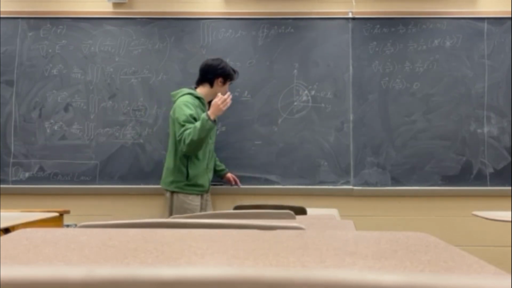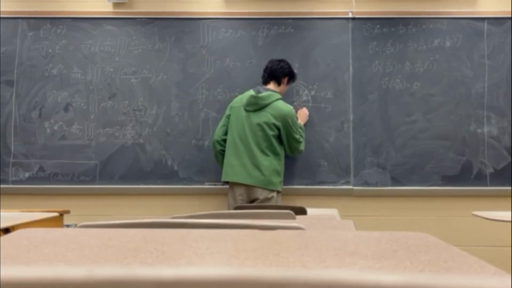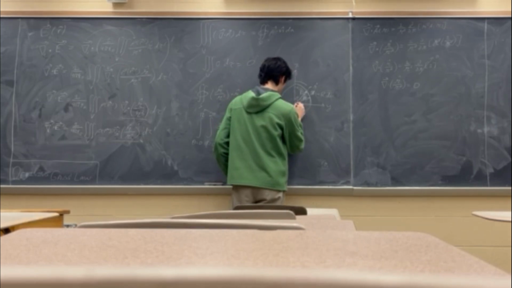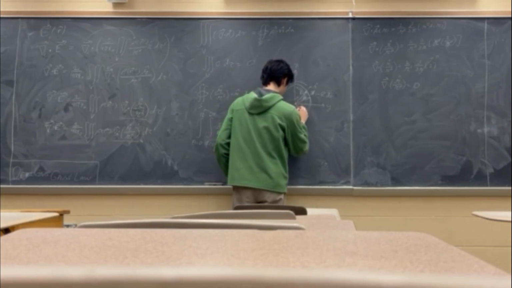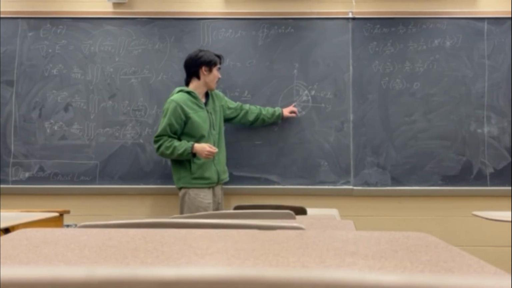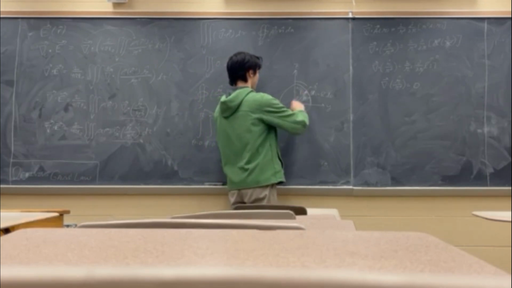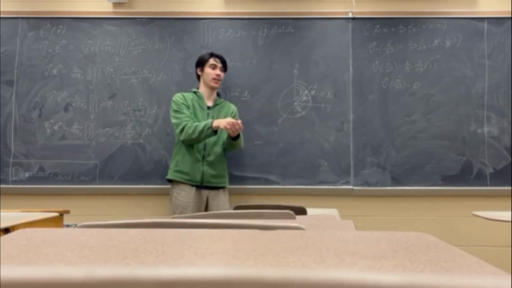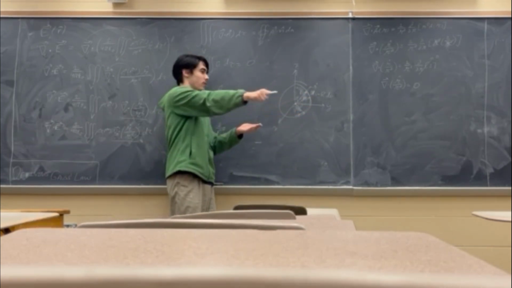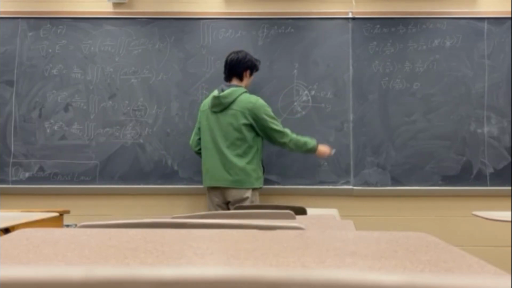And something similar happens for the phi component. Say this is d phi, but note that this radius here isn't the radius out to the sphere, it's just the distance out along the xy plane.